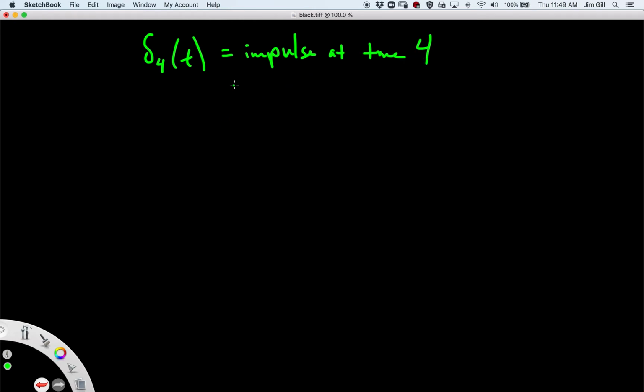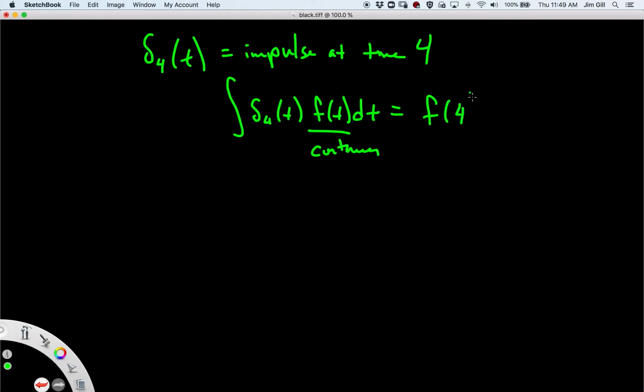And if we integrate delta 4 of t against a function f of t, which is continuous, we will get the value of f at 4.